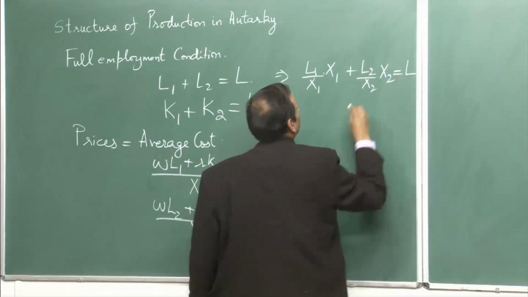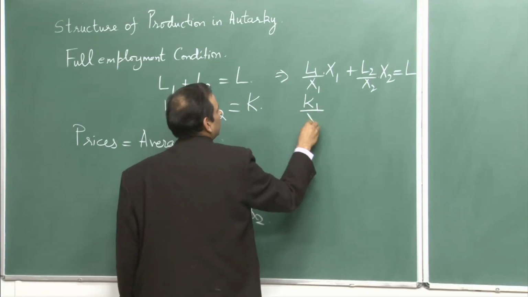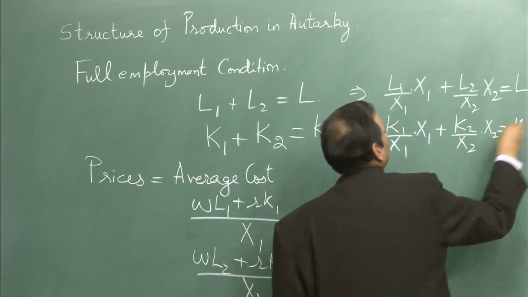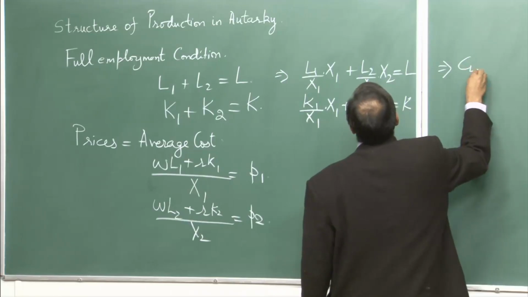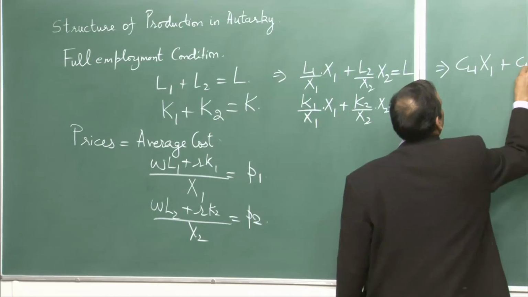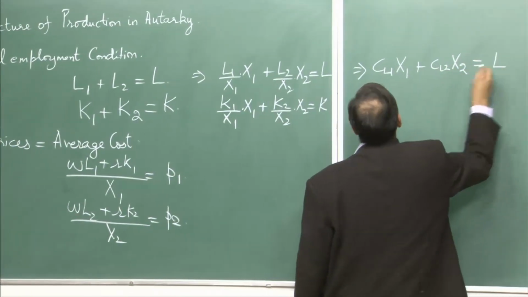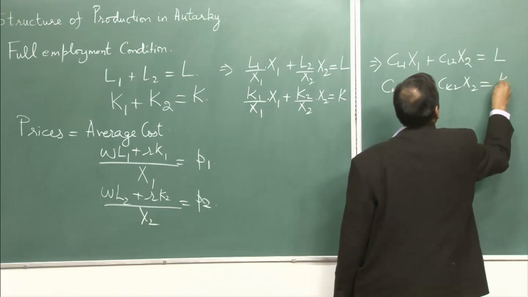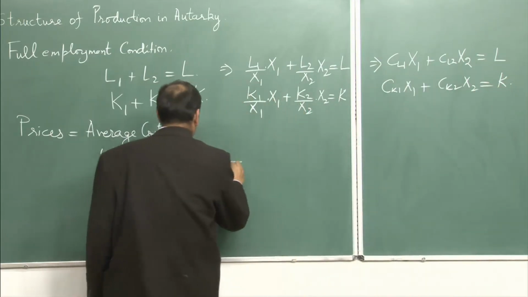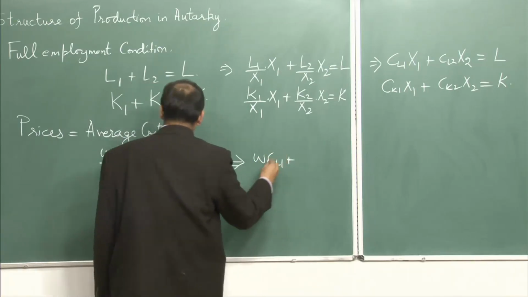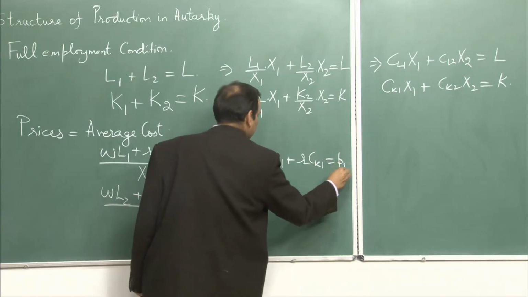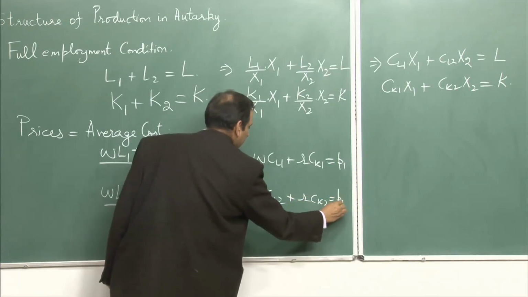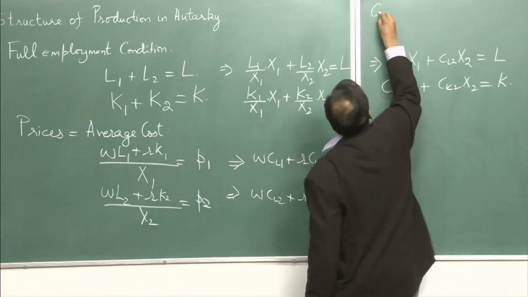you can find out the unit labor requirements, unit capital requirements, so this gives me Cij.